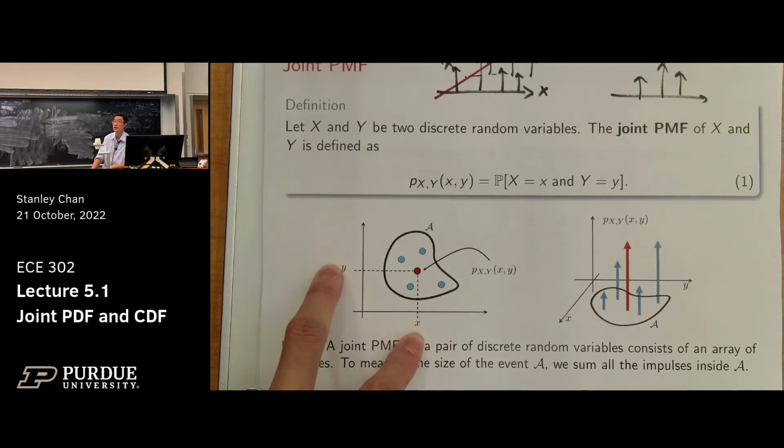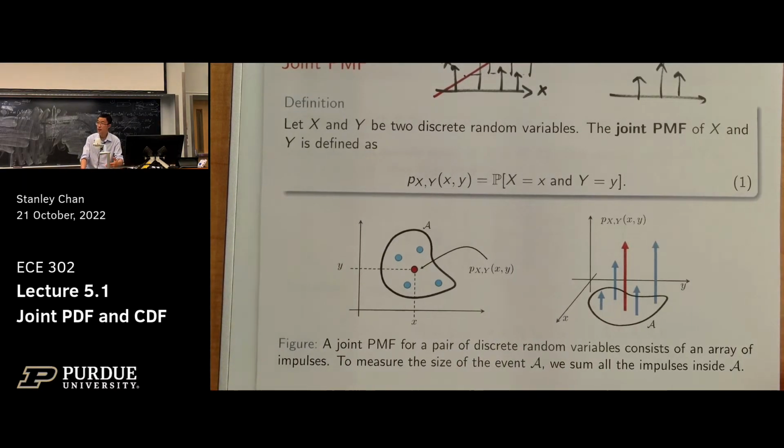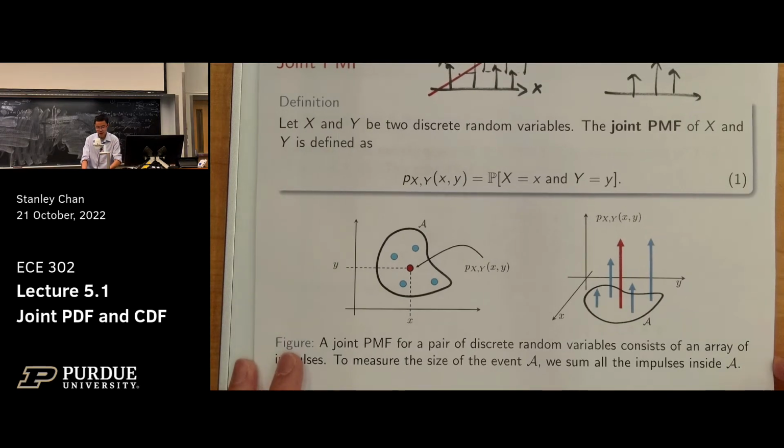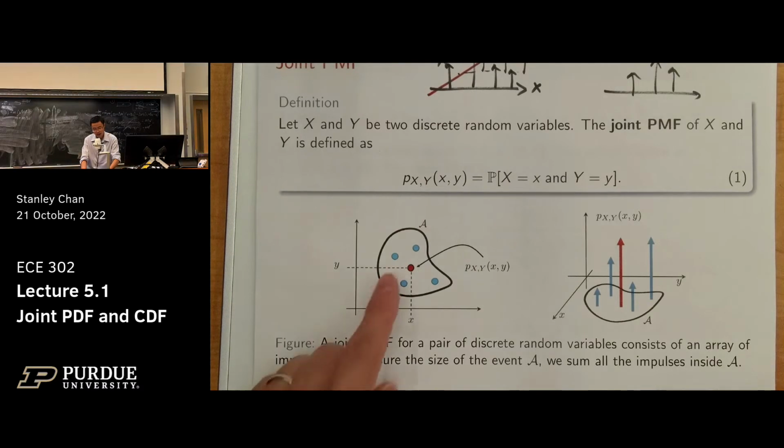A pair of states. That's somewhat different than just getting one state. What is the probability of getting one state? Well, that we don't know yet from this diagram. I need to introduce a thing called marginalization to tell you the probability of getting an x for all y's. Okay? But here, this red dot represents the probability of getting one particular x and one particular y.